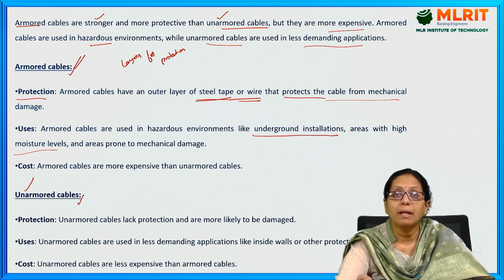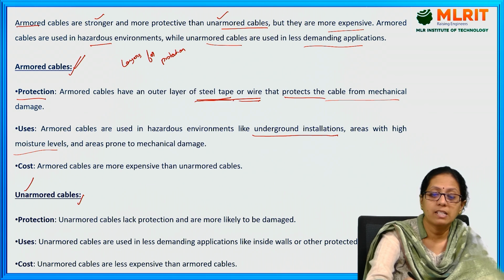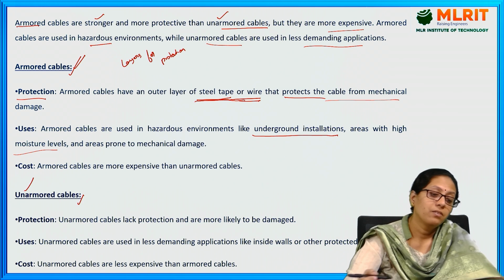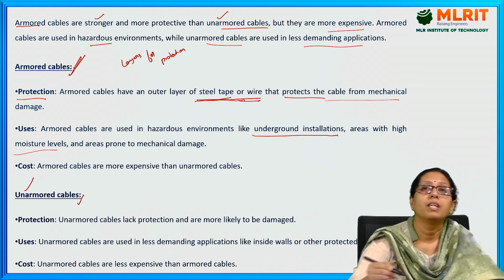So the cable should be able to bear all these different temperature conditions as well as chemical conditions. In order to bear all this, we need more layers of protection, and those layers are provided with a steel tape or a wire, which is called armored cable.